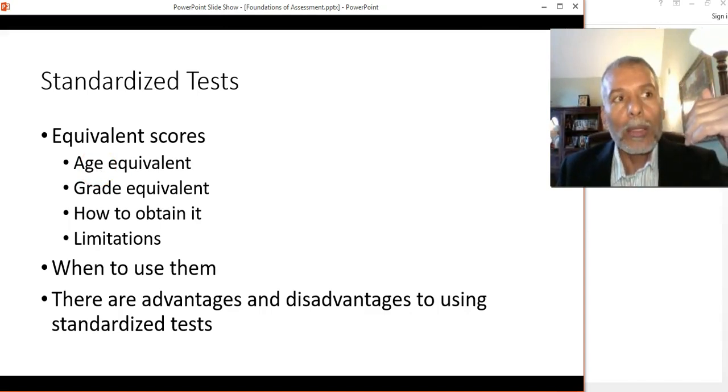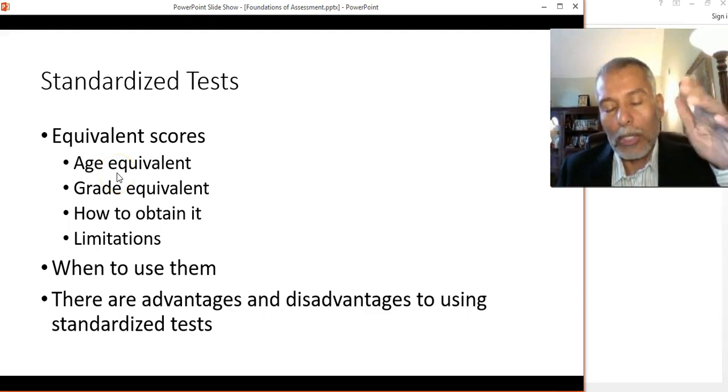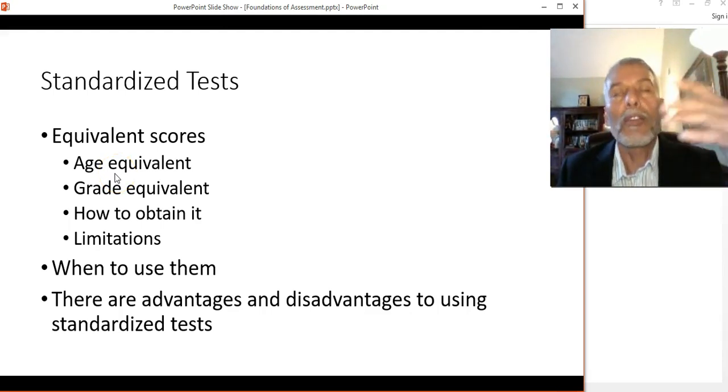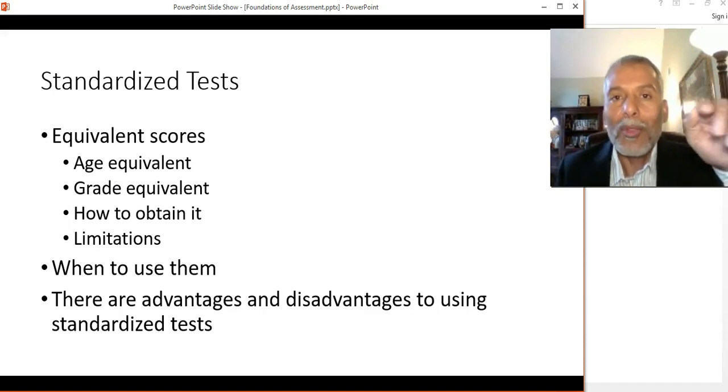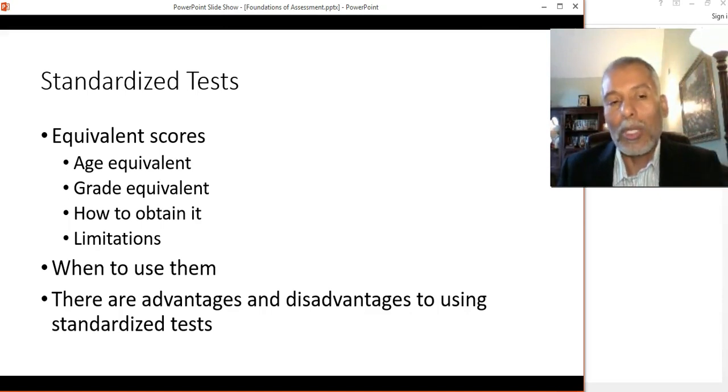So you compare the performance to the age expectations based on the norms of the research, and say, oh, he's 9, but he's actually performing on the level of a 2-year-old or a 3-year-old or a 4-year-old. So it gives you a rough estimate on where that would be, so you can explain to the parents. And again, we only report it when it is not possible to have standard scores. Grade equivalent is the same way.